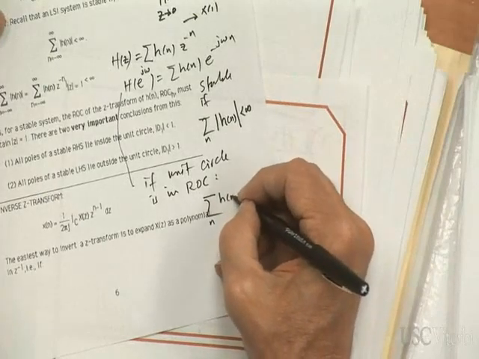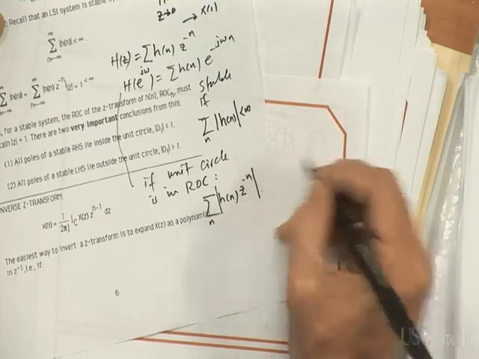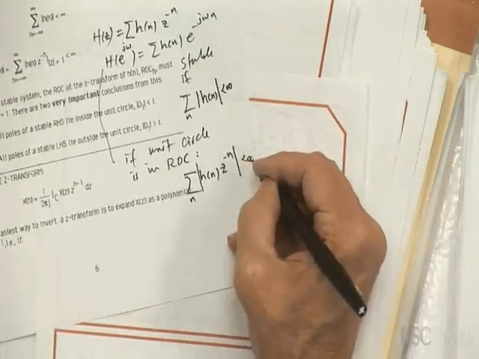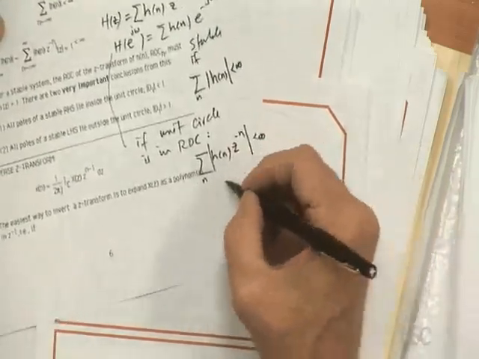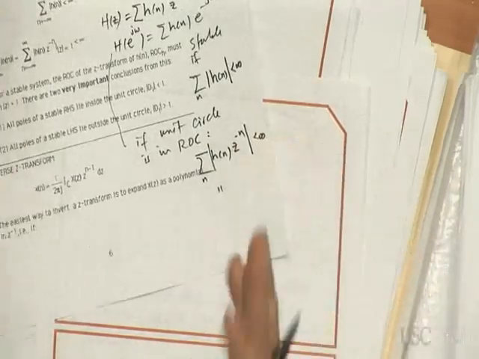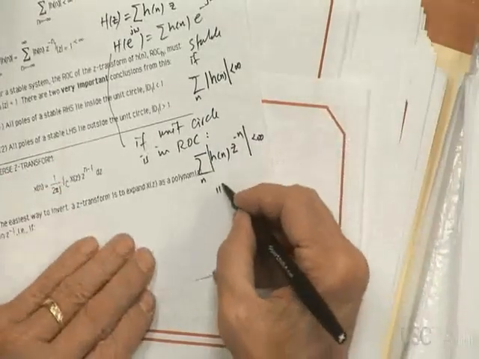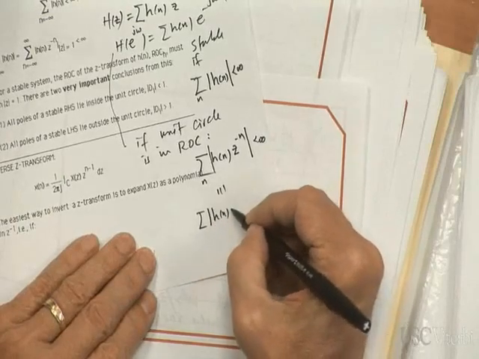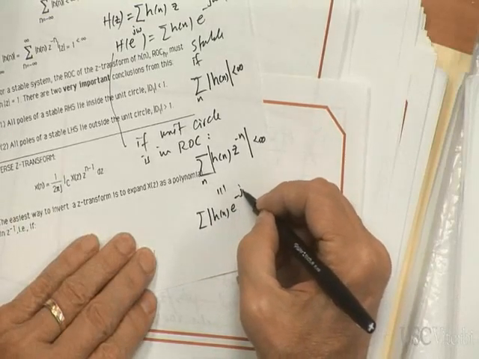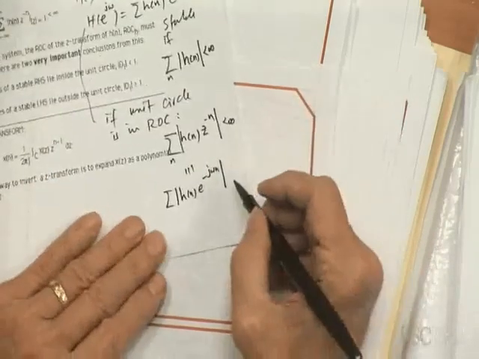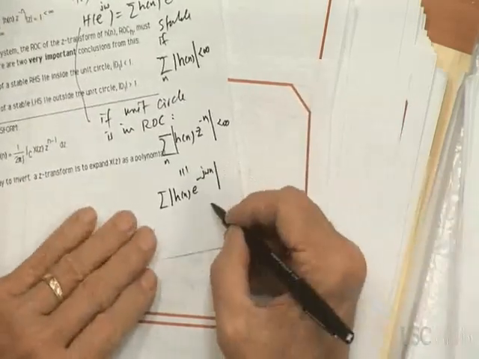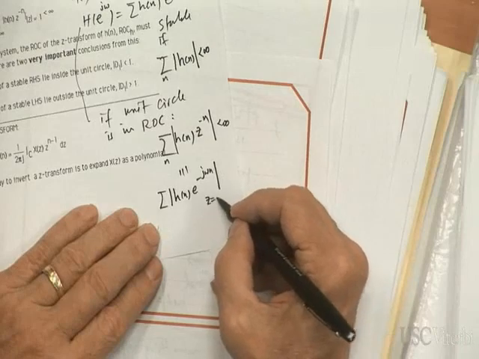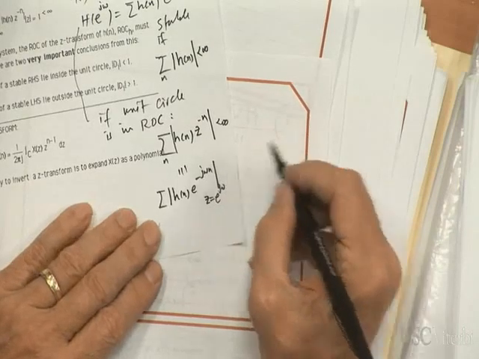The sum of h of n times z to the minus n is less than infinity, and if I'm talking about the unit circle, this is equal to the sum of the magnitude of h of n e to the minus j omega n, that's z evaluated at z equal e to the j omega.